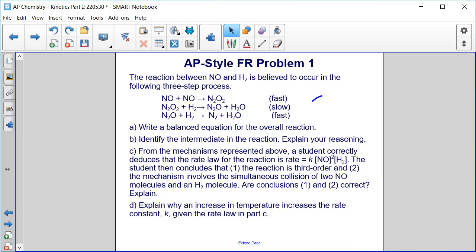The student then concludes that 1, the reaction is third order, and 2, the mechanism involves the simultaneous collision of 2 NO molecules and an H2 molecule. Are conclusions 1 and 2 correct? Explain. And then finally, part D, explain why an increase in temperature increases the rate constant K, given the rate law in part C.